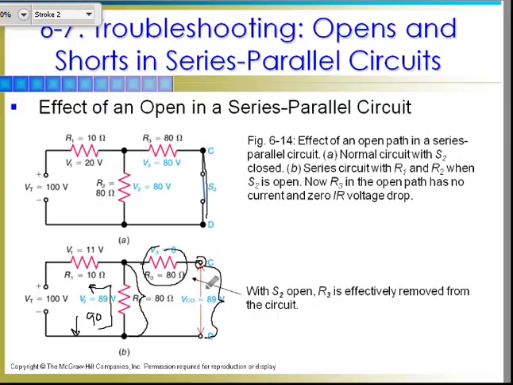So all we're going to do is measure the potential across these points here. So let's see, 80 ohms and 10 ohms, that's 90 ohms. 100 divided by 90, it's going to be a little bit over an amp. So we're going to end up with an 89 volt drop at R2, and that's what we would measure out here.